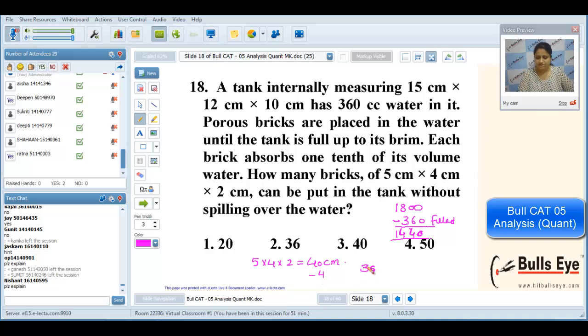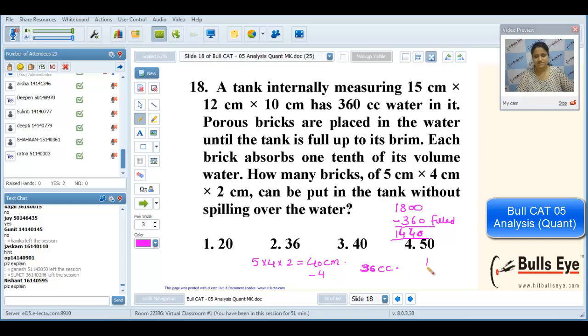It means whenever we pour a brick in the water, it will absorb 4 cubic centimeter of the water, and it will occupy the space of the remaining 36 cubic centimeter. It means water will rise up to 36 cc if we put one brick in the water.